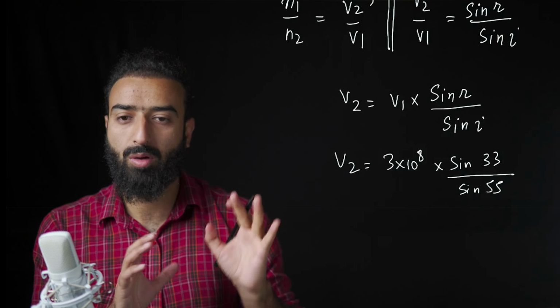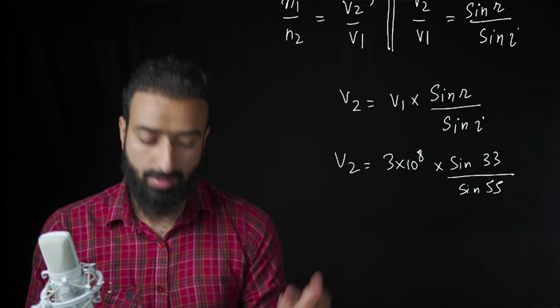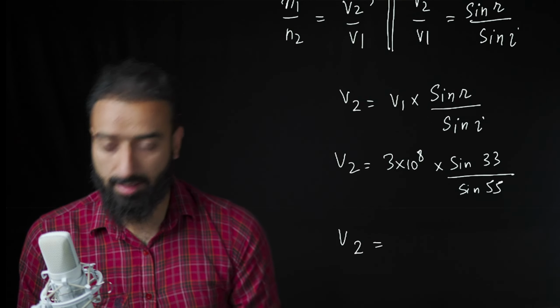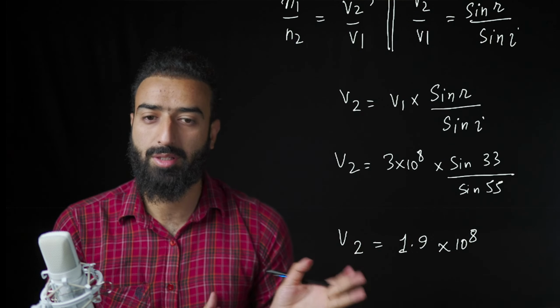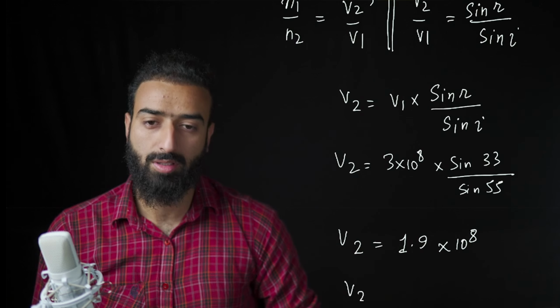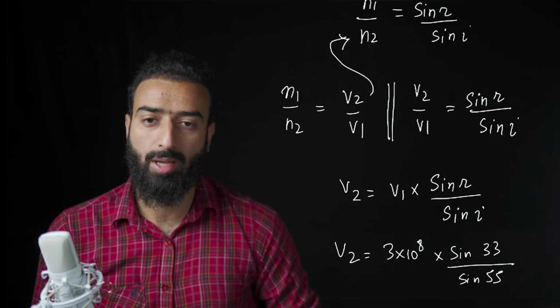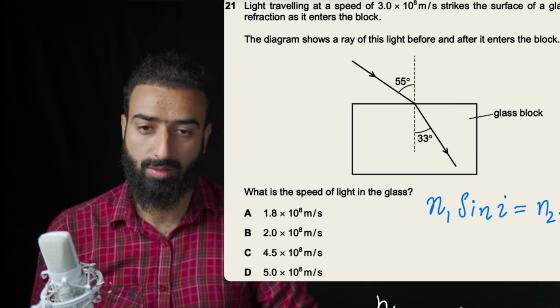So when I plug all those values, I get this expression. Now we need to solve this. If I solve this, plug this in my calculator, I get a value of V2 equals 1.9 into 10 to the 8. This is almost 2 into 10 to the 8th. So if you go back, we'll find that option B is the correct one.